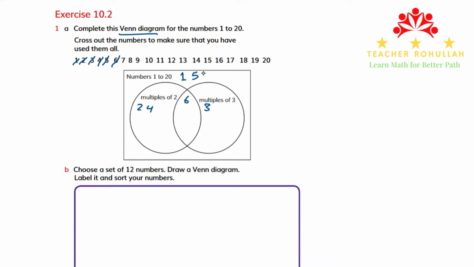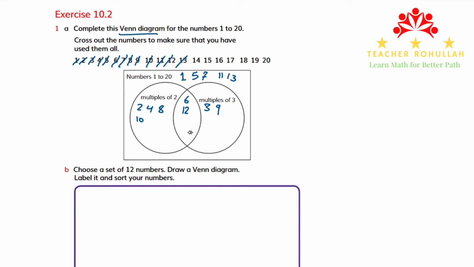The same way, 7 is not multiple of any of them. So I will put 7 out. Okay, 8 is only multiple of 2. I will put it to the left. 9 is only multiple of 3. So I will put it to the right. And 10 is multiple of 2 only. Okay, 11 is not multiple of any of them, so 11 goes out. Well, 12 is a multiple of 2 and 3 at the same time, so 12 comes here in the center. 13 is not multiple of any of them, so 13 is out.